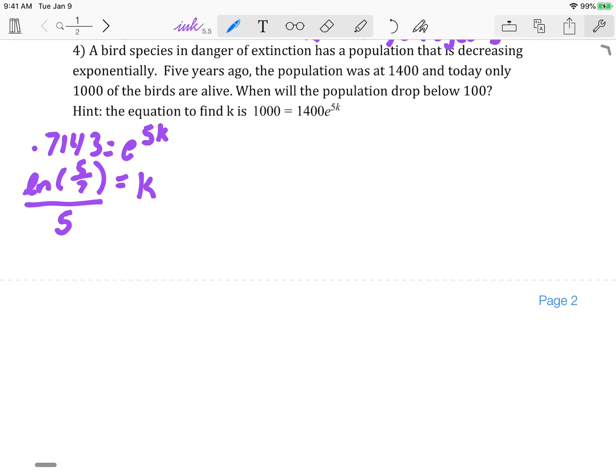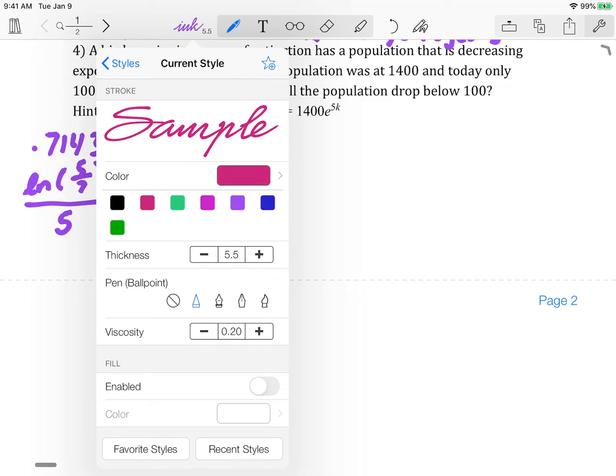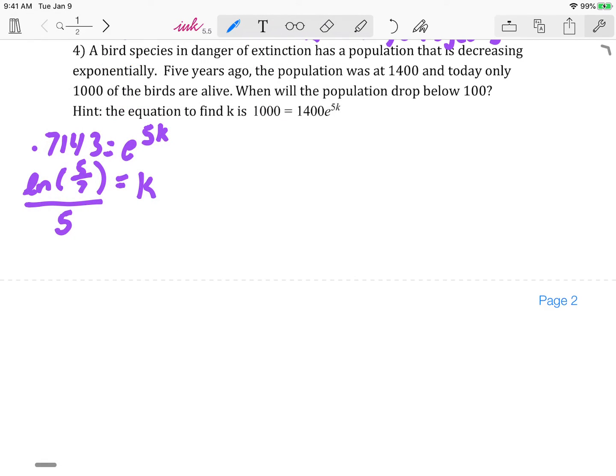Well, now I know k. And I'm going to use it to find when it's going to drop below 100. So now I have this new equation. So my new equation, I'm going to change my color for my new equation. So it's not 1,000 anymore. 1,000 is not my amount of birds. 100 is my amount of birds. So 100. And I can't use 5 anymore because that's not 5 years ago.